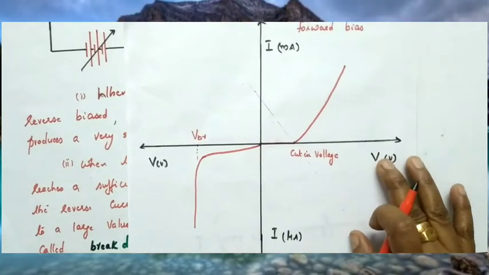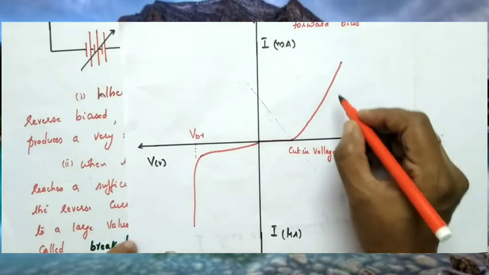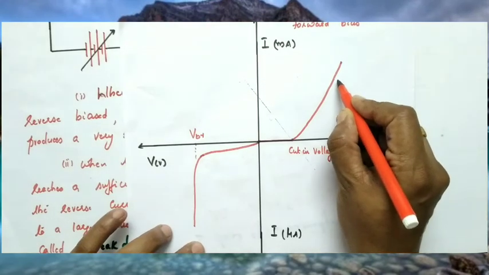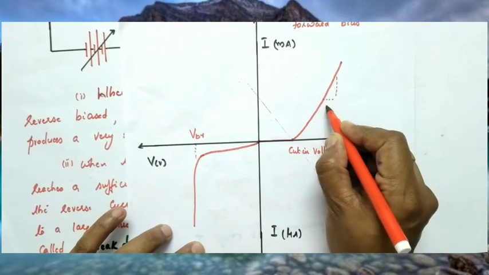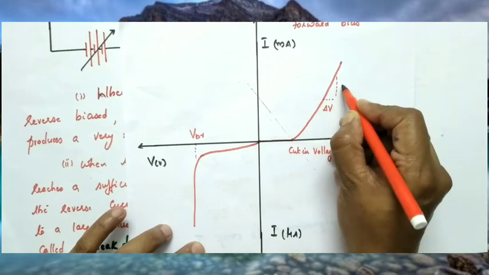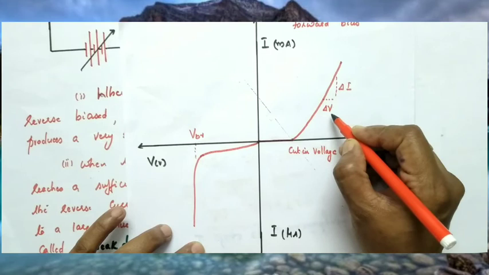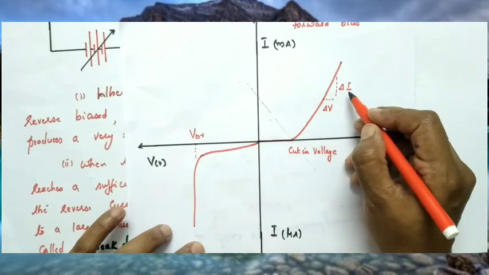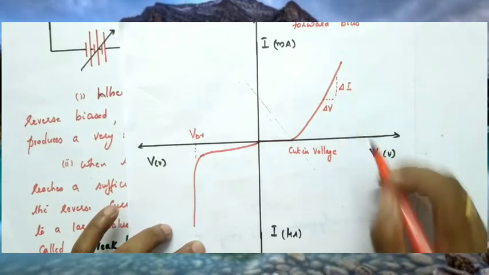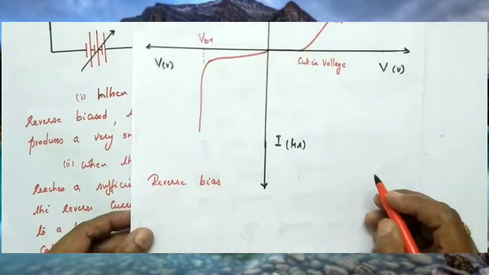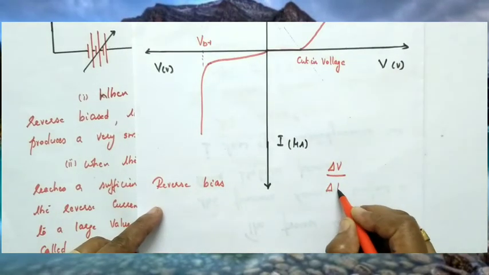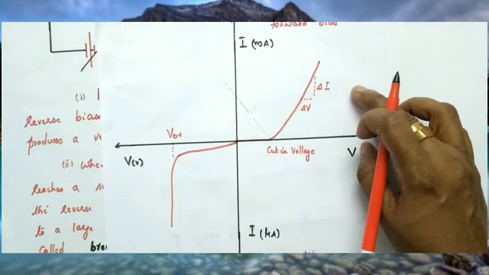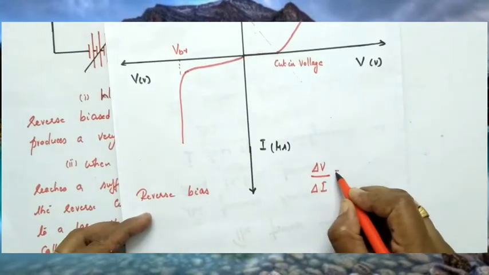Okay children, the importance of the graph is this: in the forward bias characteristics, if you consider the slope, let this represent voltage and this a small change in current. From the graph, voltage by current gives which one? Resistance. So delta V divided by delta I in the forward bias characteristic gives resistance.